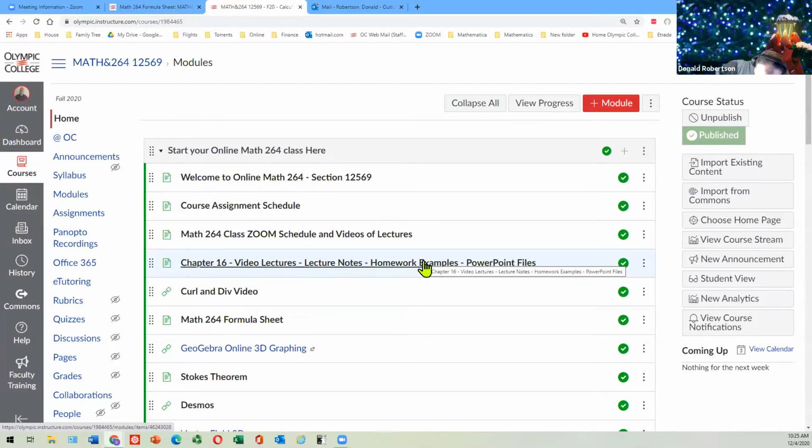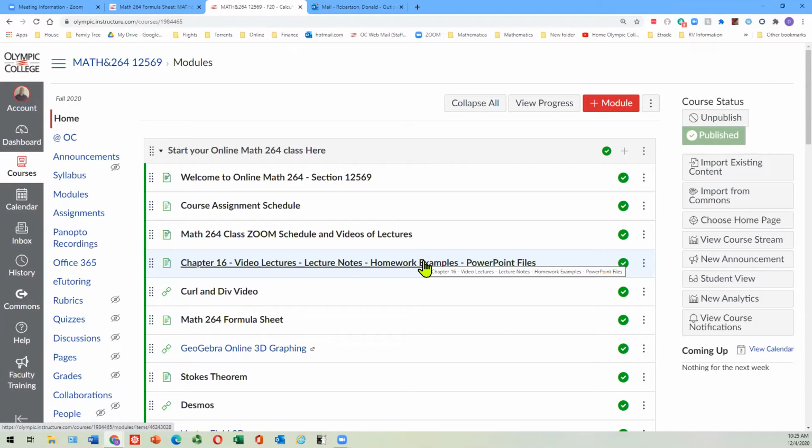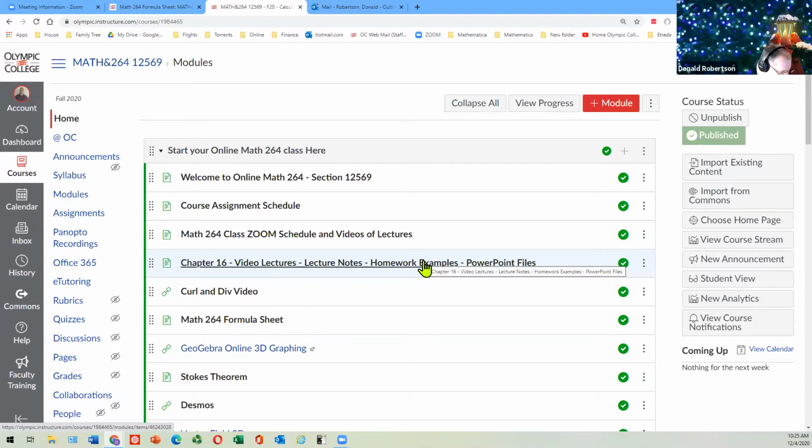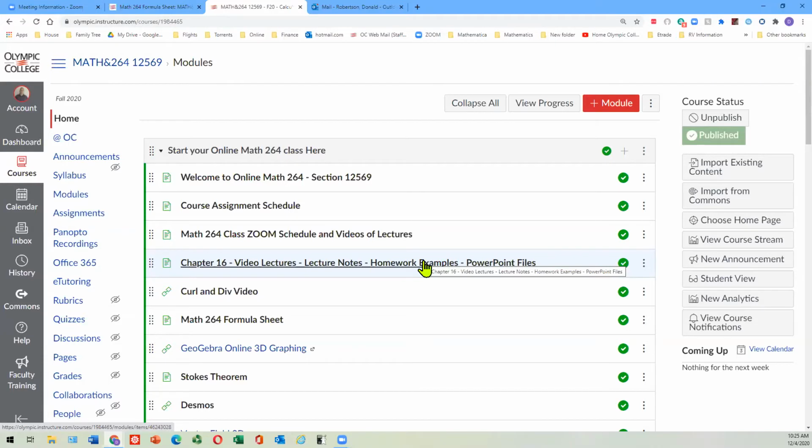What will be different, so I'll tell you now, and I'm sure I haven't mentioned this yet, WebAssign will get locked out. The questions I'm going to be choosing will be very similar to ones you've done in your homework. So I don't want you to just say, oh yeah, that's section 16.3, go and look at your homework, see the answer to 16.3, and you've pretty much got the question done without really doing anything, right?